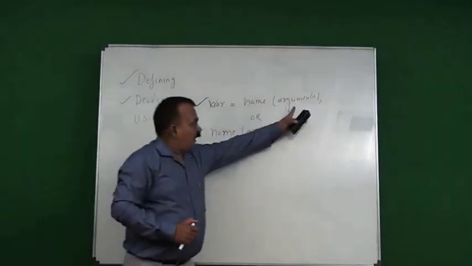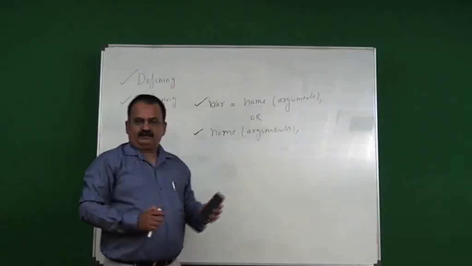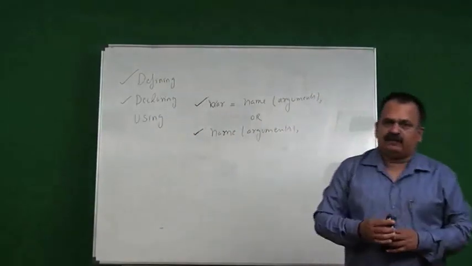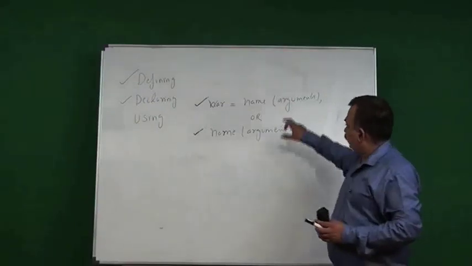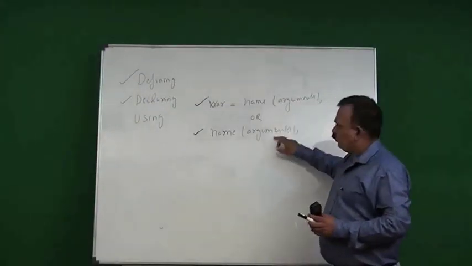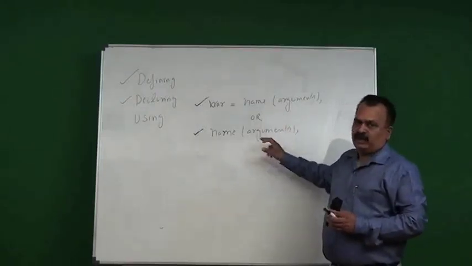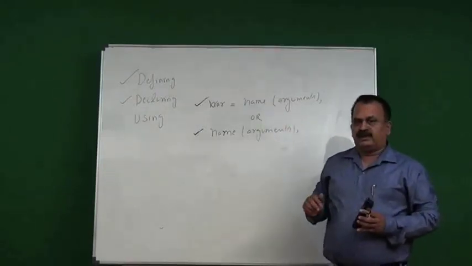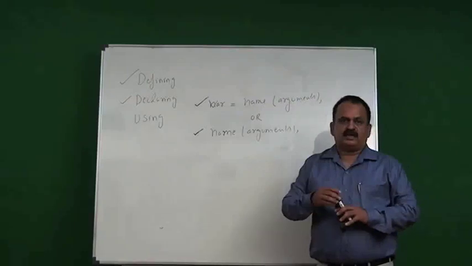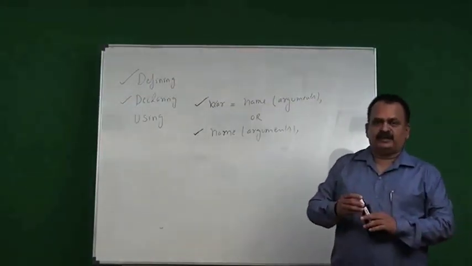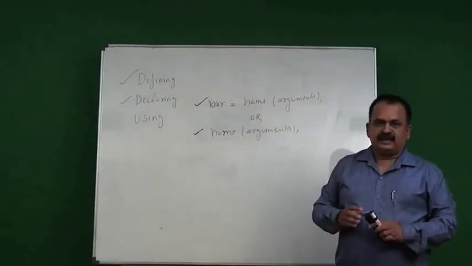These arguments are known as actual arguments. The arguments which are given at the time of definition are called formal arguments, and the arguments which are given at the time of using or calling a function are called actual arguments. The important thing is that the number of formal and actual arguments should be the same, and the type of formal and actual arguments must be the same.